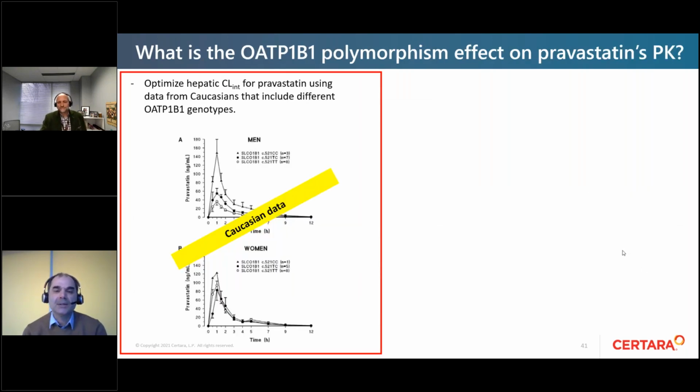Maybe it becomes more exciting if you go to the next slide, and it shows that for pravastatin, which Amaka just showed you, we know that polymorphism is a major factor. And this polymorphism changes from one population to another. So in the first step, we have used the polymorphism in Caucasian data to inform the drug model.